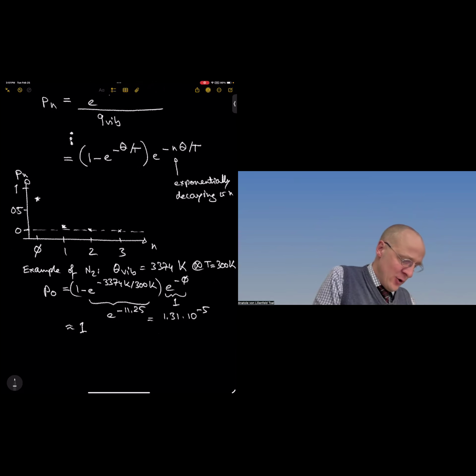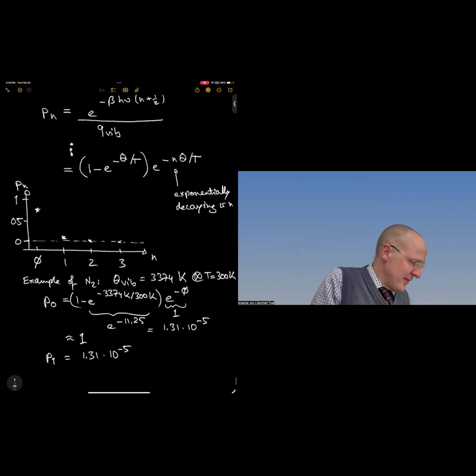And then if you calculate it the same way, the probability for the first state, you would find that this matches to a very good degree what we just had subtracted. So if you add the 2, you have exactly 1, right? And that tells you that really all higher excited states are completely negligible for N2 at room temperature.